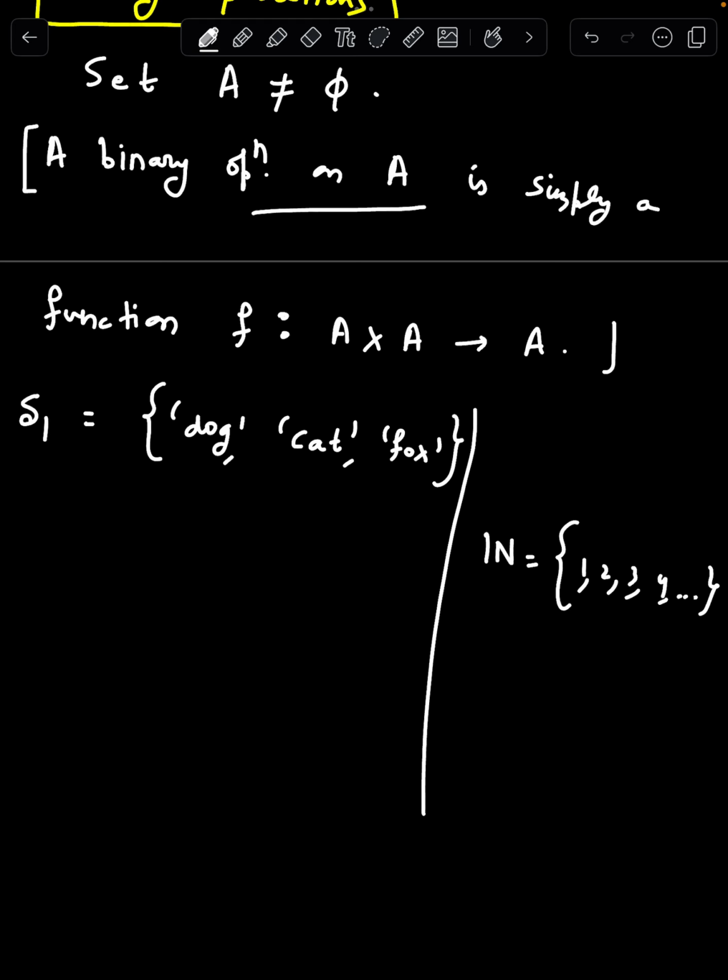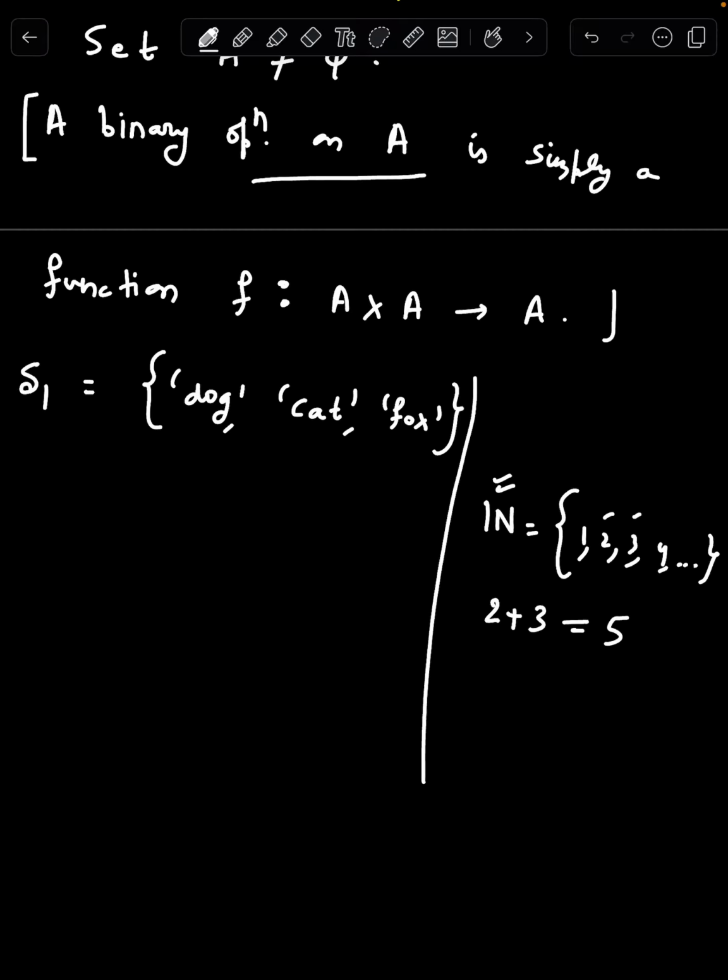Now, you know that in this case, N, you can combine two elements. For example, take 2 and 3, you can add them, and this will give you 5.